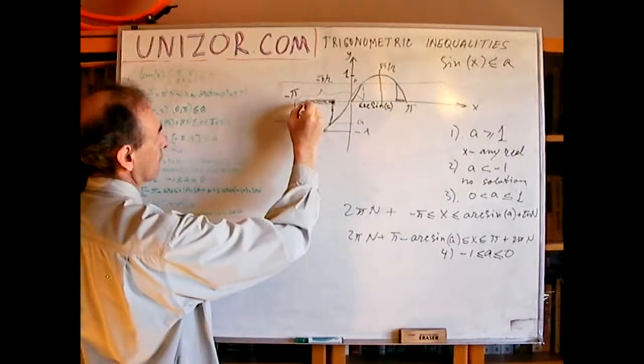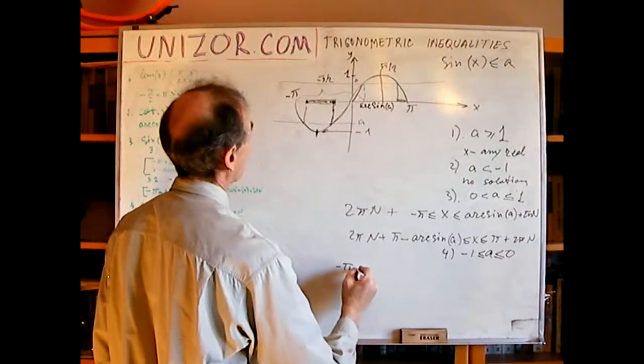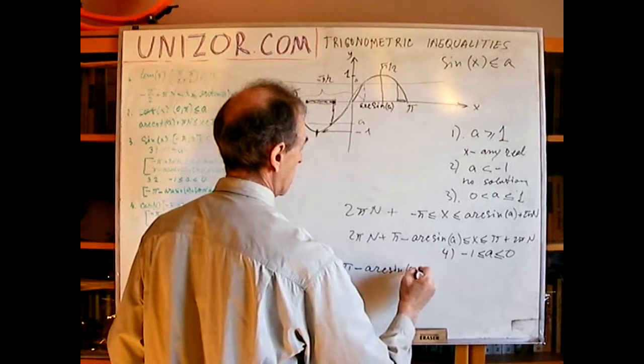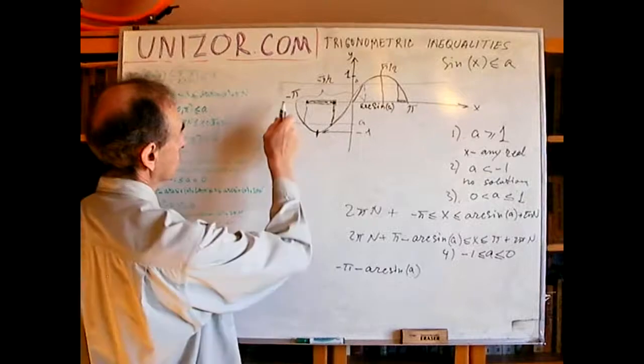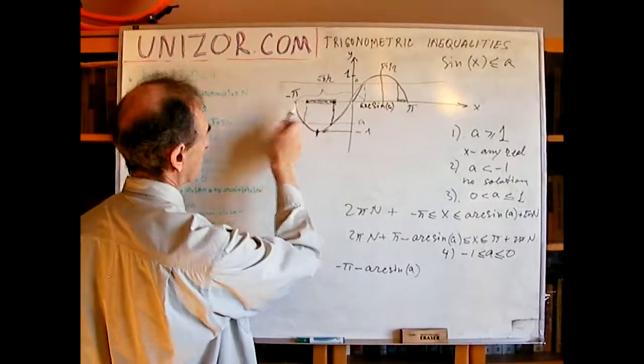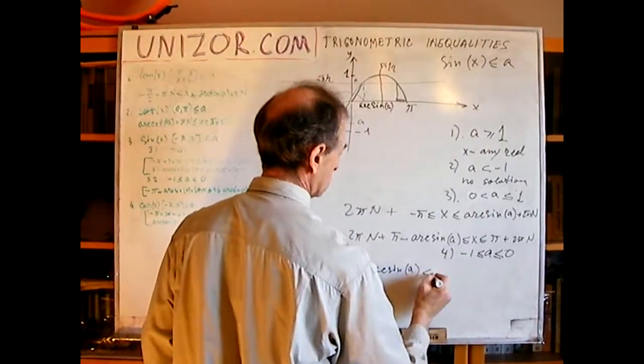So, how can I get to this point? Well, that's minus pi minus arc sine of a, right? I have to move to the right. Now, arc sine is negative, so I have to subtract to move to the right.